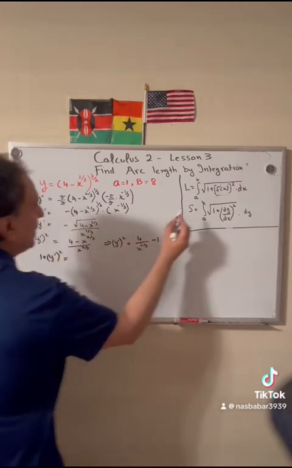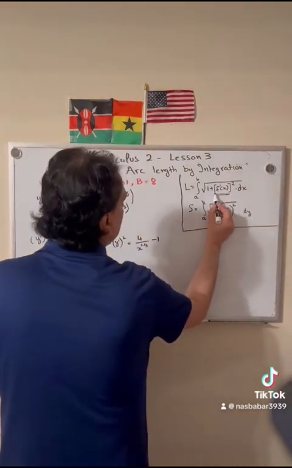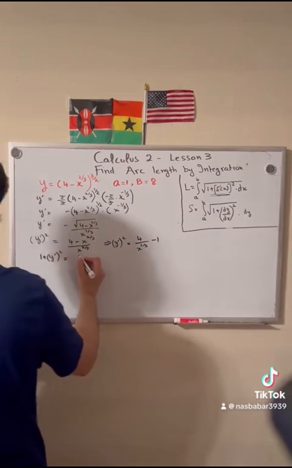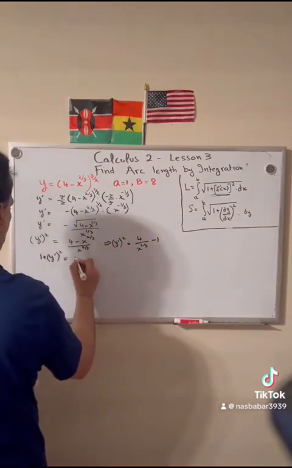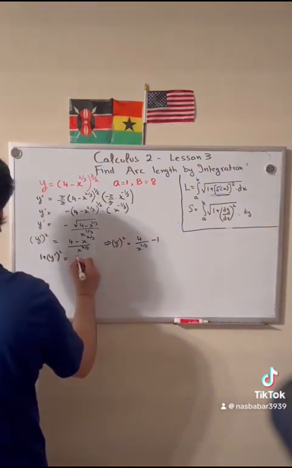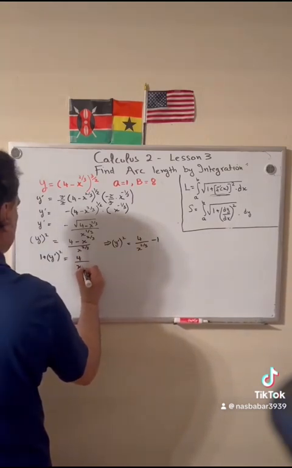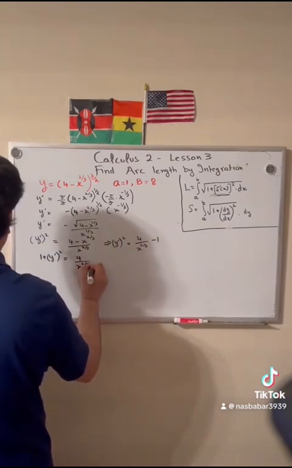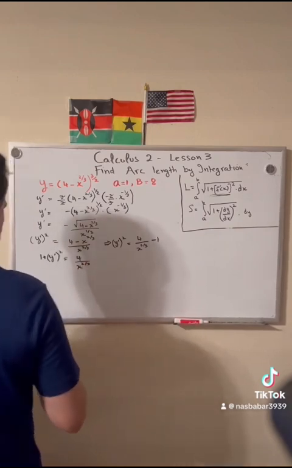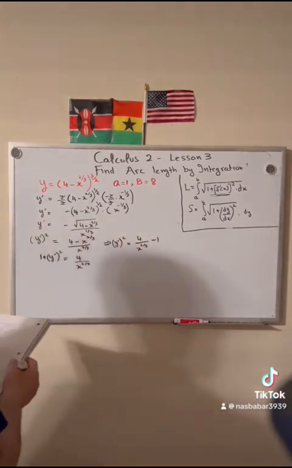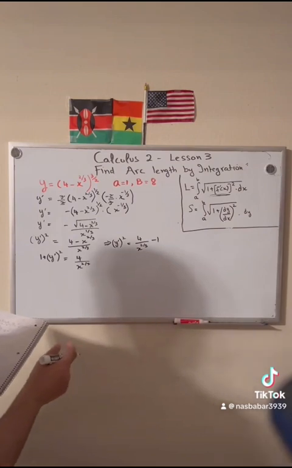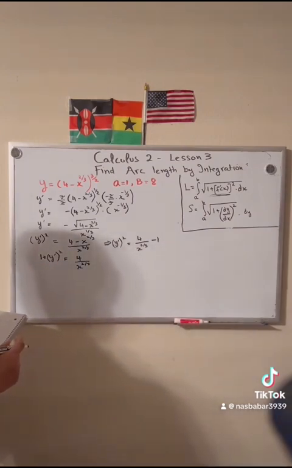All I'm doing is using this part right here. When I do that and I solve for it, I get 4 over x raised to power 2 over 3, okay?